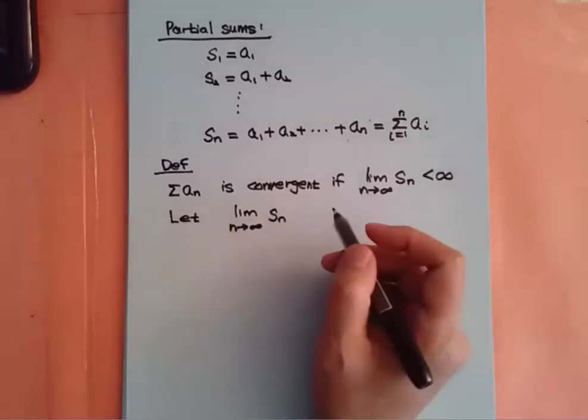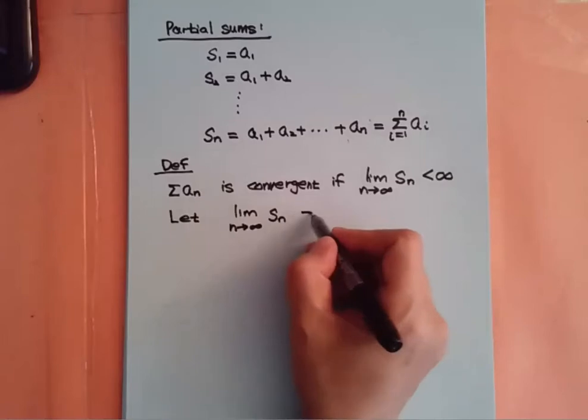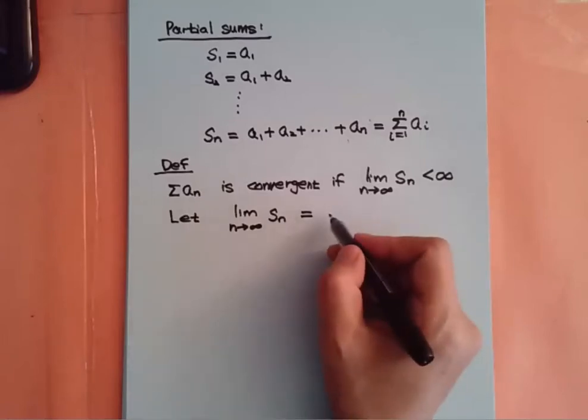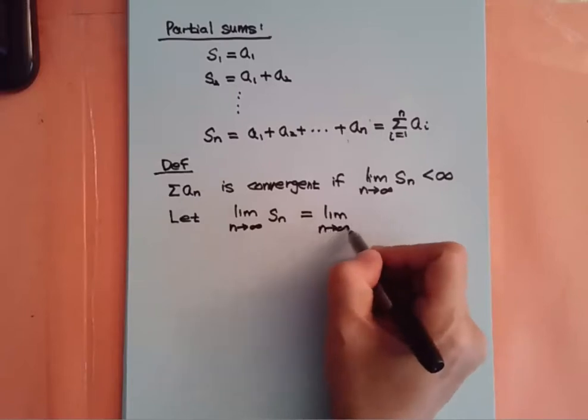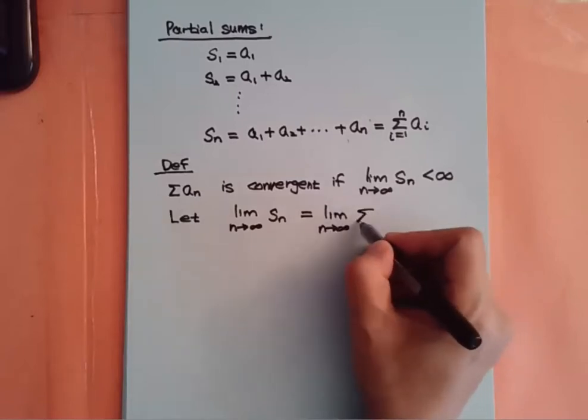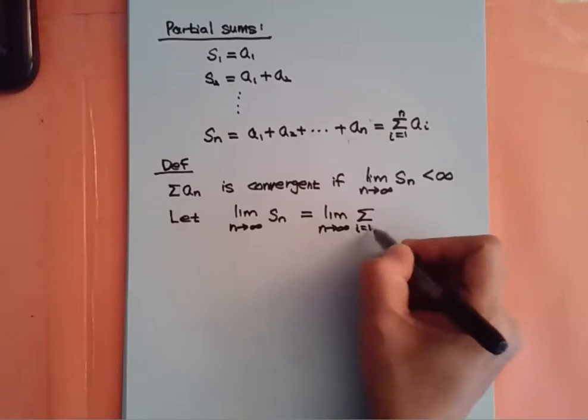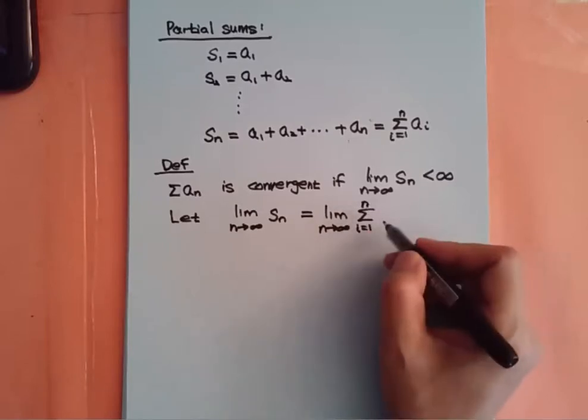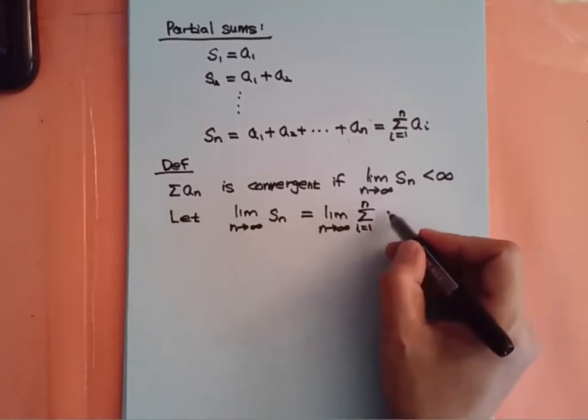Let's consider the limit of the partial sum. The limit of the partial sum can be re-expressed with sigma notation, the summation from i equals 1 to n of a_i.